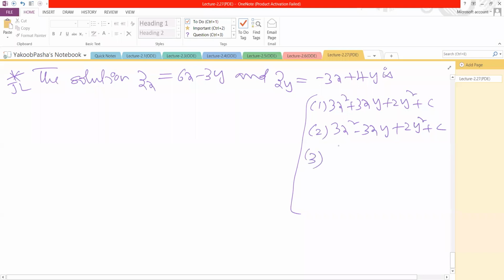Third option: 3x² + 3xy − 2y² + c. Fourth option: 3x² − 3xy − 2y² + arbitrary constant c.